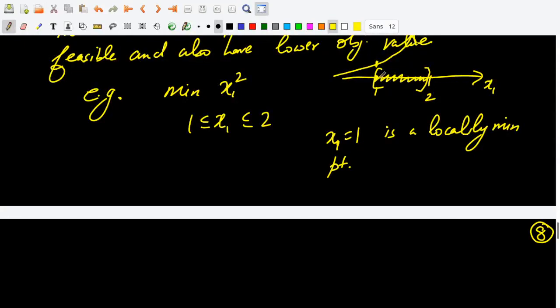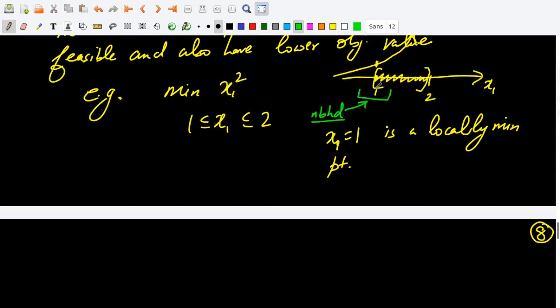If I didn't have the constraint, then I might have found better solutions, but because of this constraint I can draw a neighborhood around 1, and I can see that in this neighborhood all the feasible points will have value higher than what I have at x equal to 1.